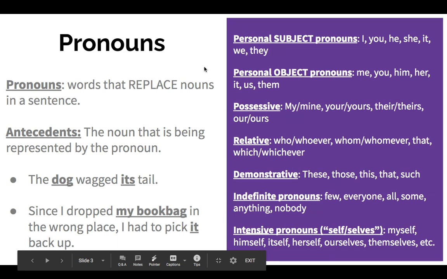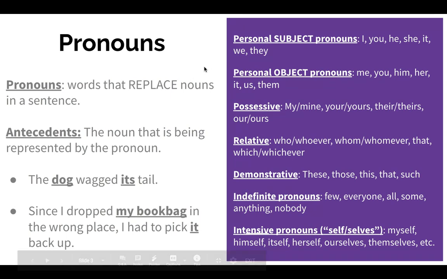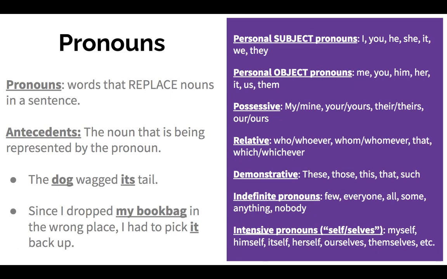We have a bunch of different types of pronouns. If you look over here on the right to the purple area, you're going to see the different types of pronouns. Again, don't focus so much on memorizing the names as you do recognizing a pronoun when you see it. So subject pronouns are probably the ones that most of us are used to seeing, and the reason they're called subject pronouns is because they are usually the subject of a sentence, right?